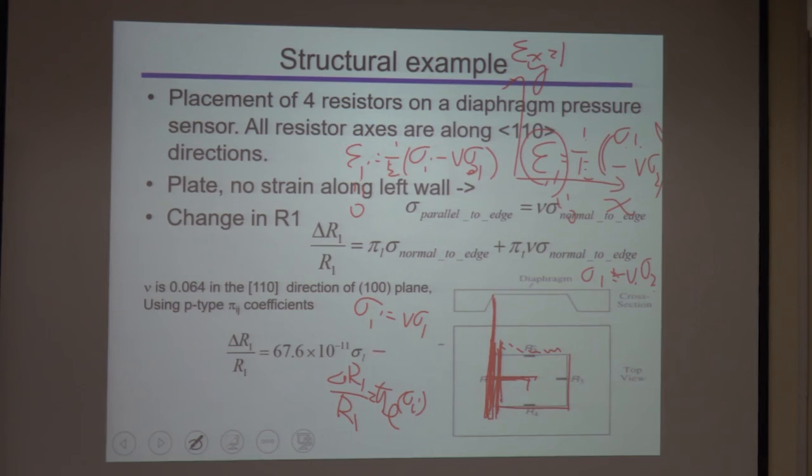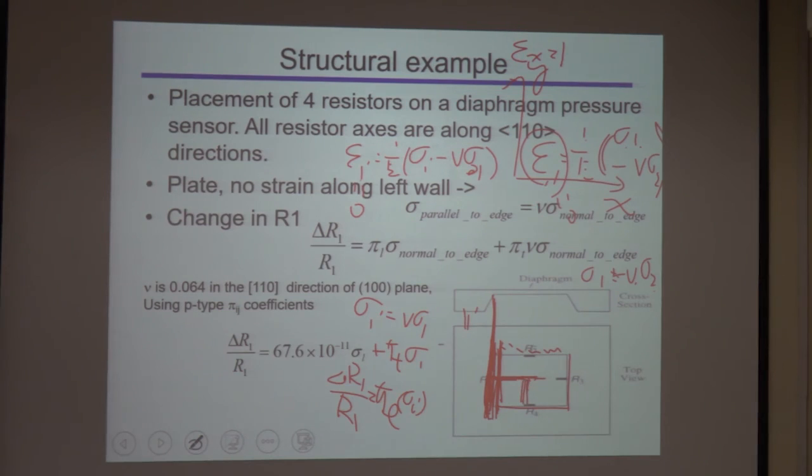Plus pi t, and this is perpendicular to the R1 direction, pi t sigma t, this is sigma 1. Pi t sigma t, this is 1 prime. Pi L sigma L. Sorry, this is the one direction, this is the one prime direction.